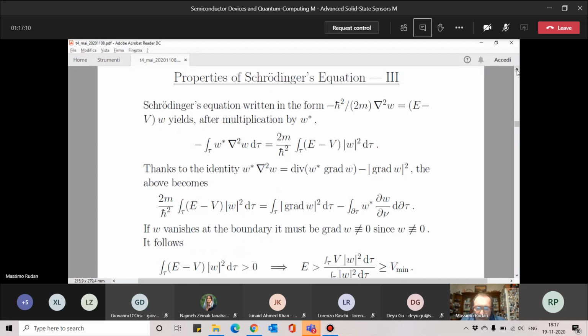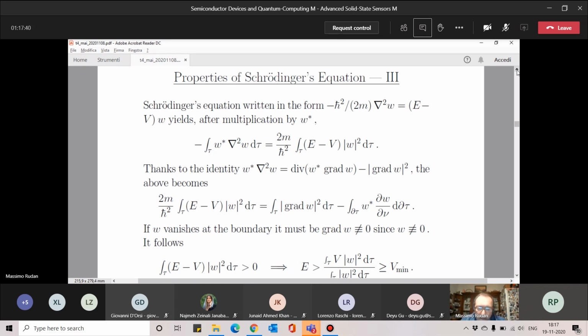Okay, so the normal derivative is, of course, W star times dW d ni. Ni is the unit vector normal to the boundary and pointing in the outer direction. And delta tau is the boundary of tau, okay?